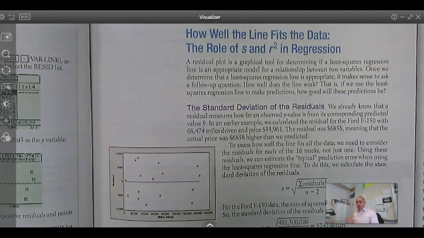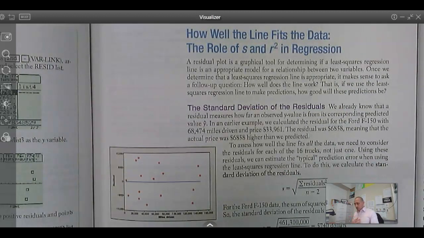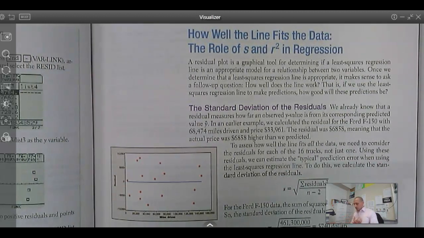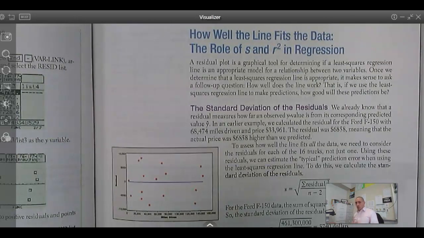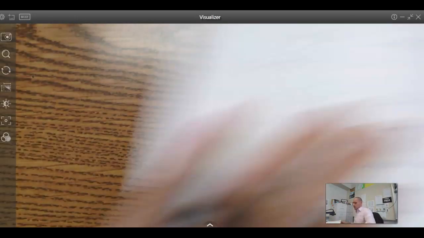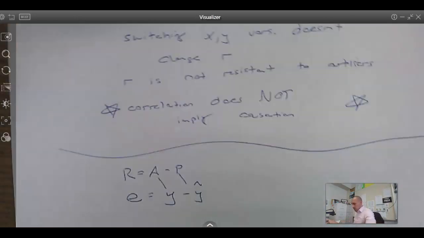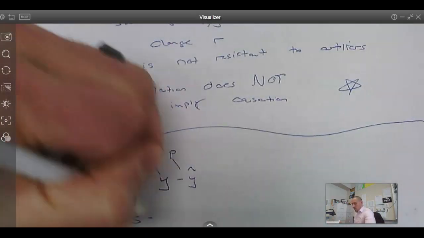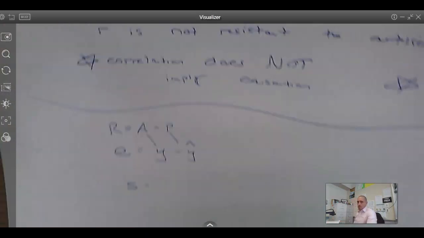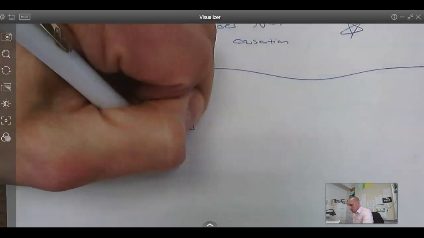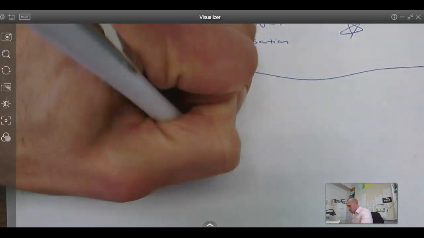So we're going to look at S, which is the standard deviation of the residuals, and this thing called R squared. Well, S is the standard deviation of the residuals. So standard deviation is just the average distance from the mean. So this is going to be standard deviation of the residuals.